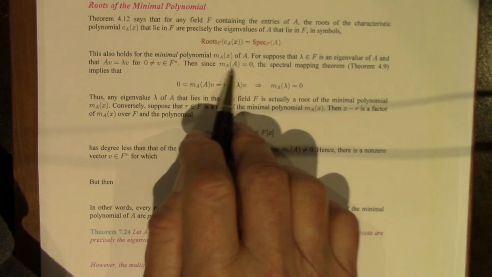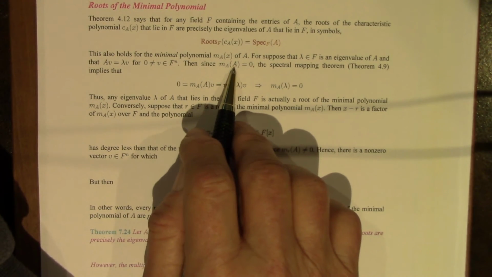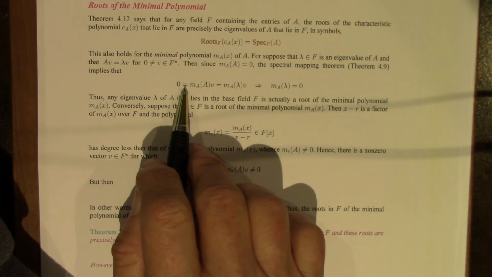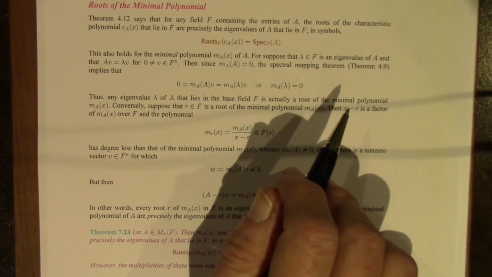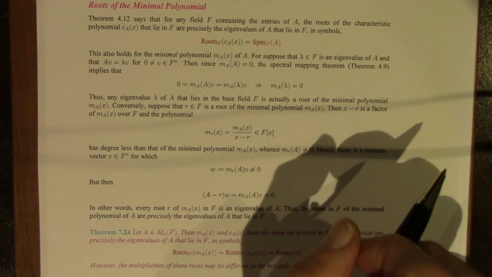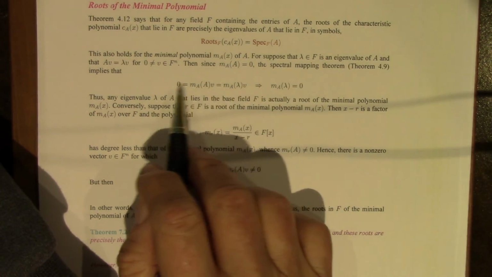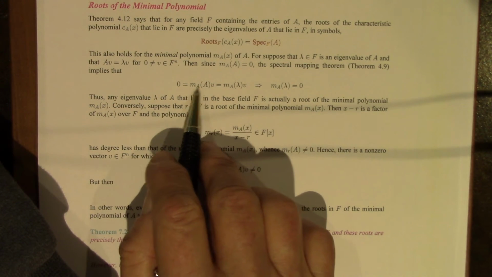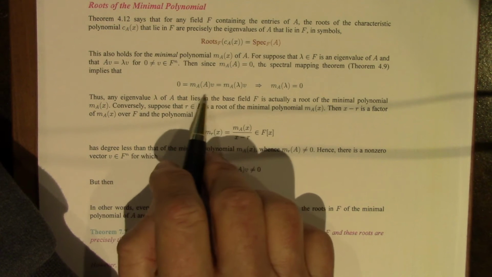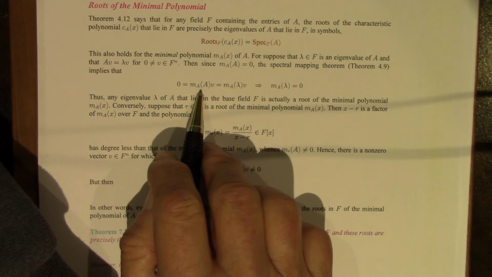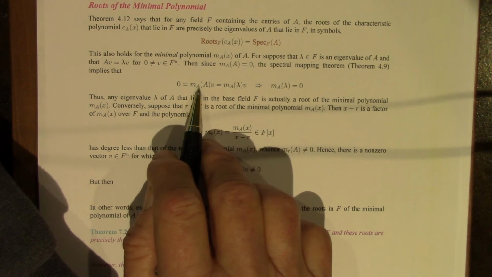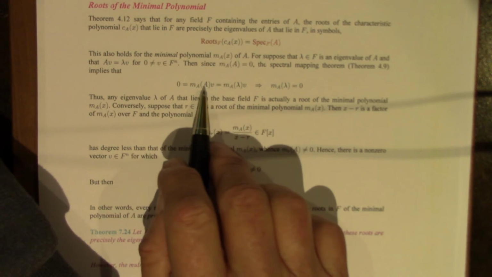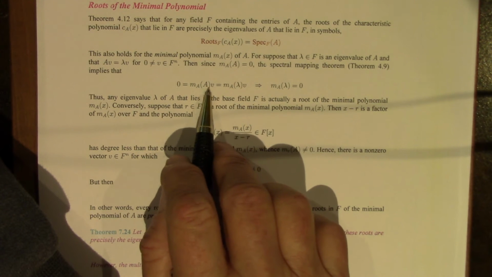But we know that A satisfies its own minimal polynomial, and so the spectral mapping theorem, which we discussed in chapter 4, tells us that 0 equals m_A(A), that's the zero matrix, times v, and this is the spectral mapping theorem.